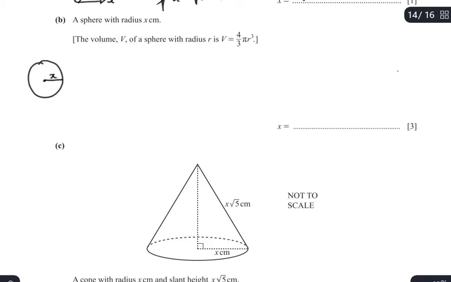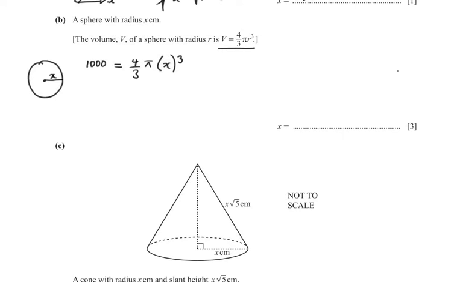The volume of a sphere is this formula given here, V, which is 1000, so we say 1000 equals 4/3 pi, and where there is radius, we put in x, so we're going to put x power 3. This is the x that we want to find.